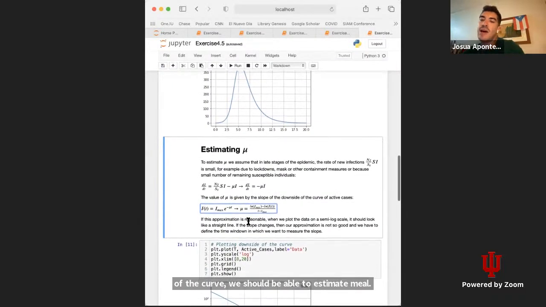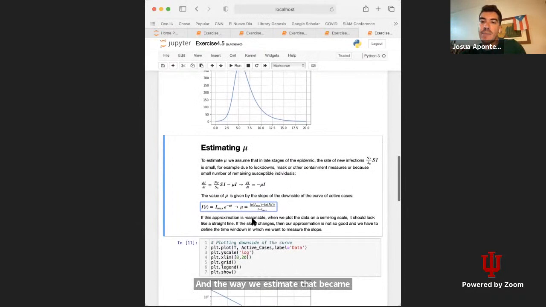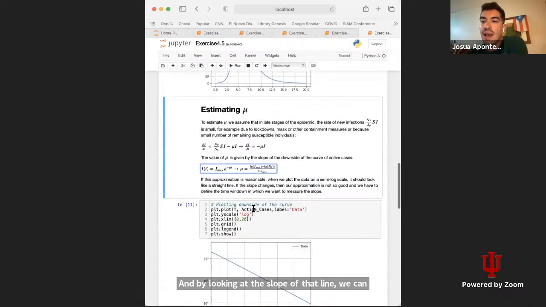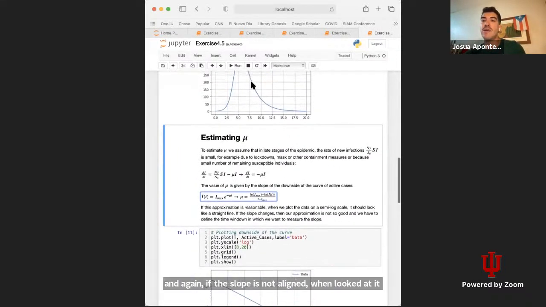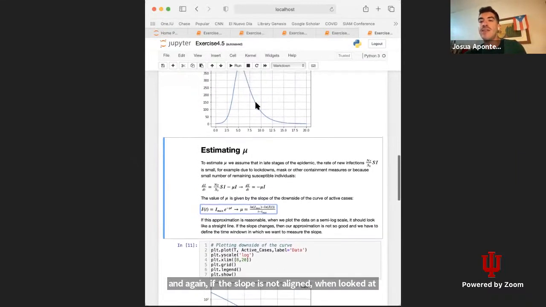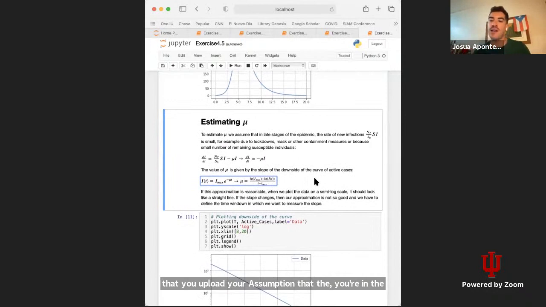The way we estimate that decay rate is, if we look at it in a log scale, it should look like a line. Then we take the slope of that line, and by looking at the slope, we can determine what mu is. If the curve is not linear in the semi-log space, then your assumption that you're in the late stages of the epidemic might not completely apply.